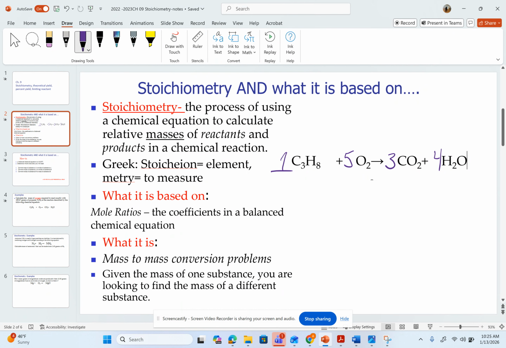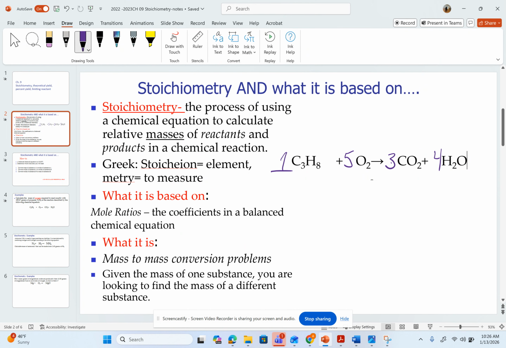So we can do several mole ratios. We could say I have a 1:5 ratio, a 5:1 ratio, a 5:3 ratio, a 3:5 ratio, a 5:4 ratio, a 4:5, a 3:4 ratio here and a 4:3 here. So you can come up with many combinations of mole ratios, and we actually would put these in the form of a fraction.